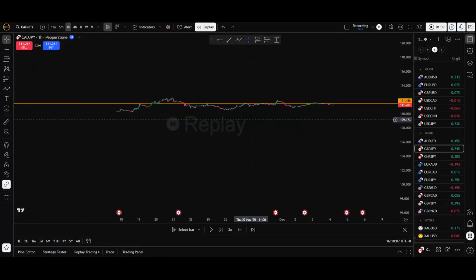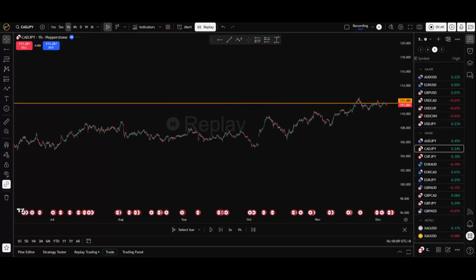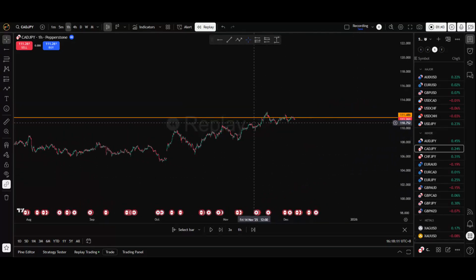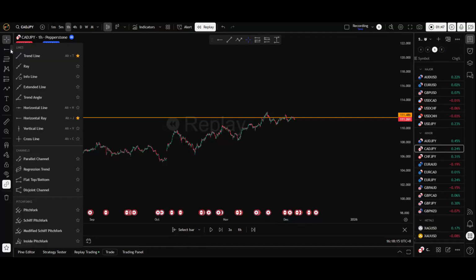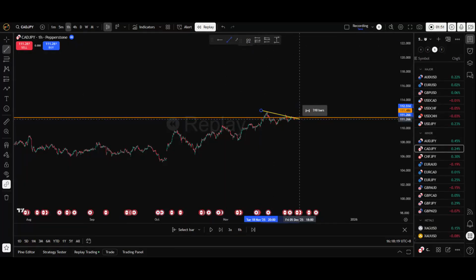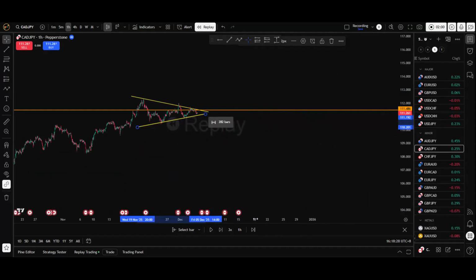So we go to the 1 hour and let's see what's happening there. That resistance zone has been tested a couple of times. In fact, it's been forming this kind of squeezing wedge here, right? And normally, when you see this, a few things could happen.